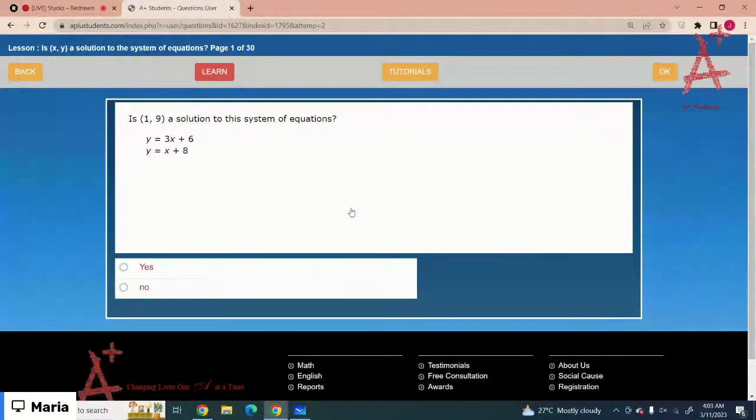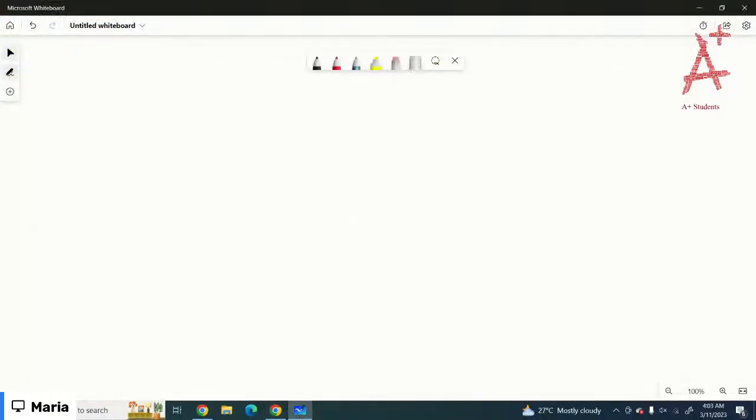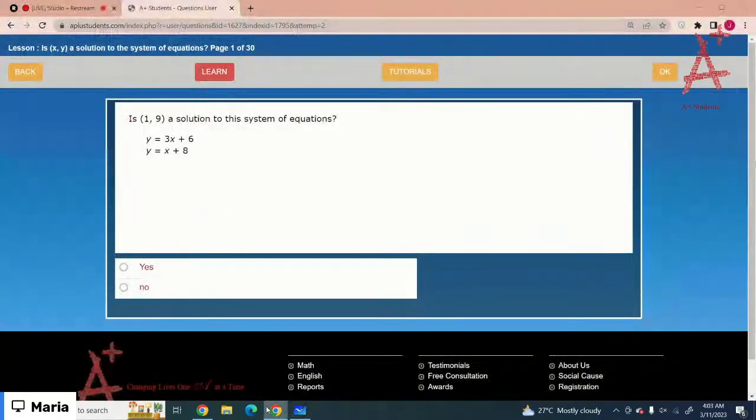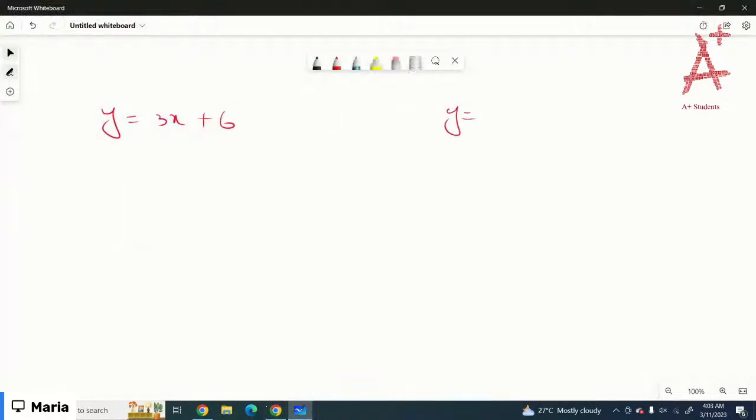Okay, the next one is: is (1, 9) a solution of the system of equations? The first equation is y equals 3x plus 6, and the second equation is y equals x plus 8, and the point is (1, 9).